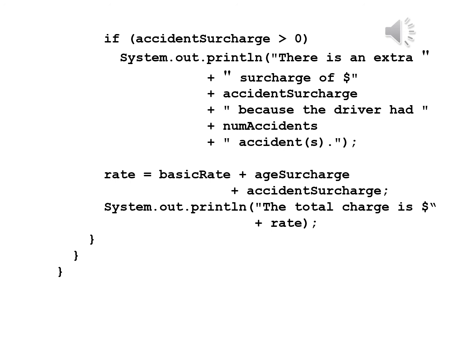If accidentSurcharge is greater than 0, System.out.println("There is an extra" + " surcharge of $" + accidentSurcharge + " because the driver had " + numAccidents + " accidents"); rate = BASIC_RATE + ageSurcharge + accidentSurcharge.